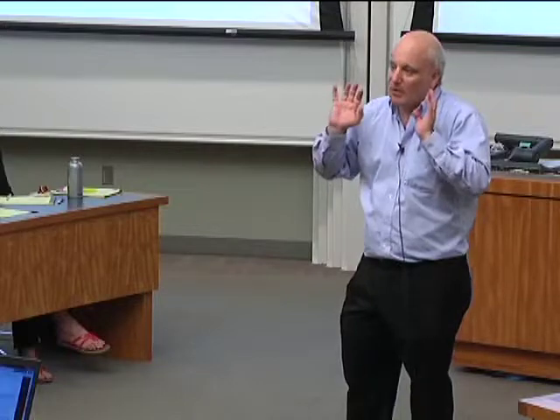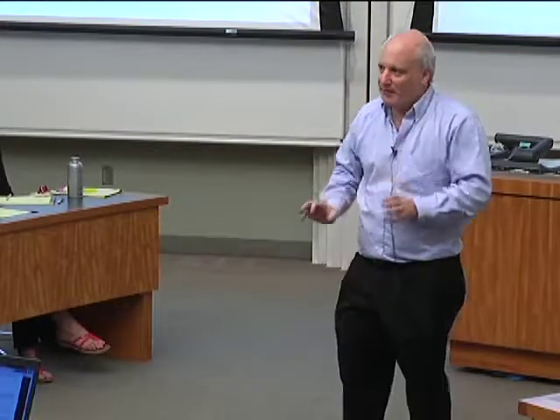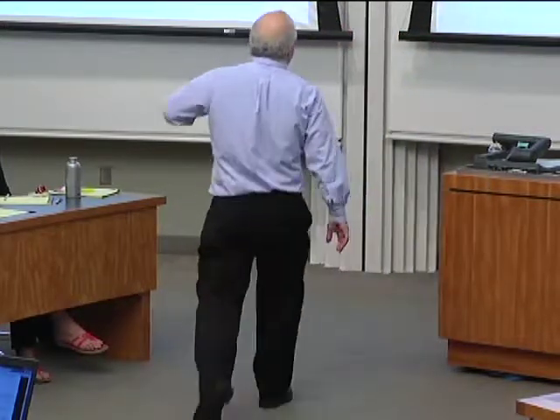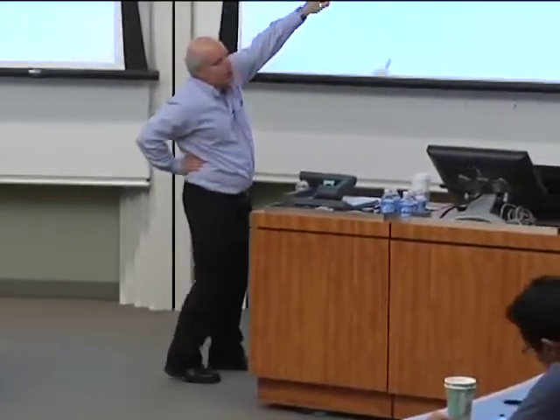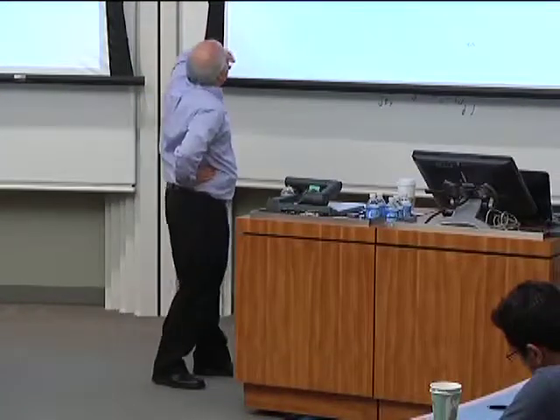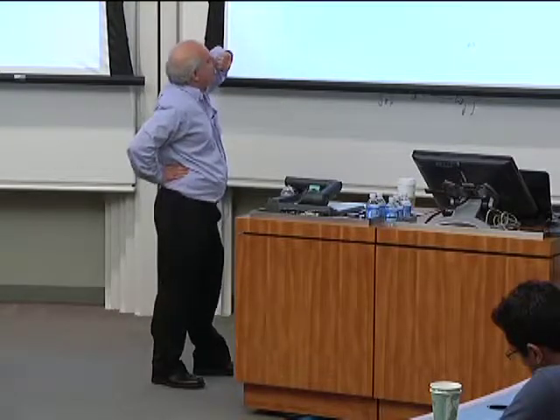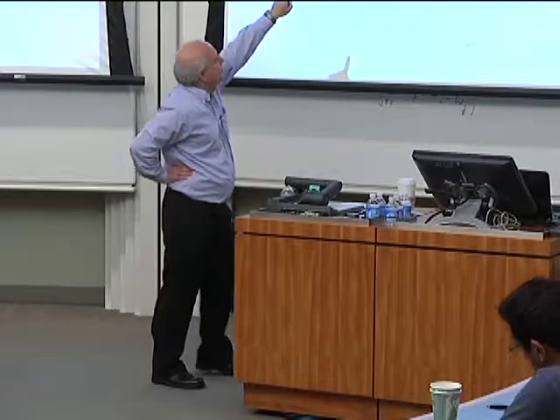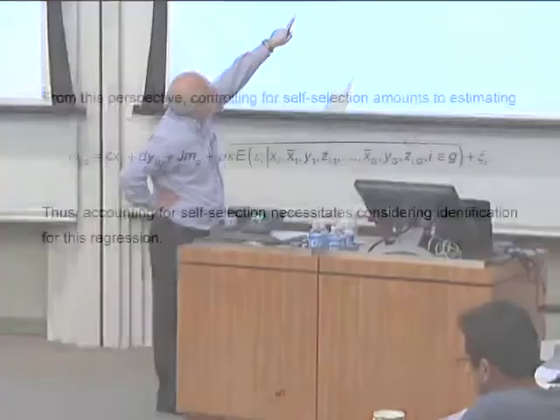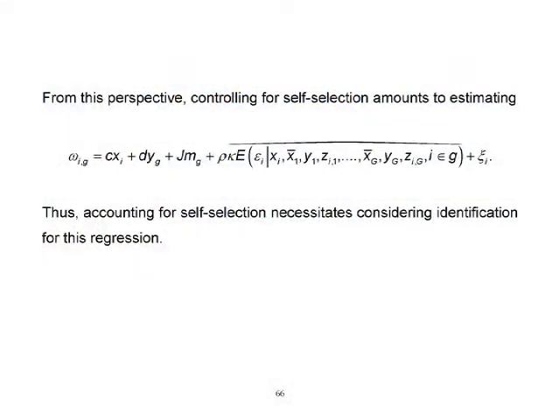Now I want to give you literally just a piece of algebra. A way to think about what I called the control function is the following: I get some estimate of the conditional expected value of the error.